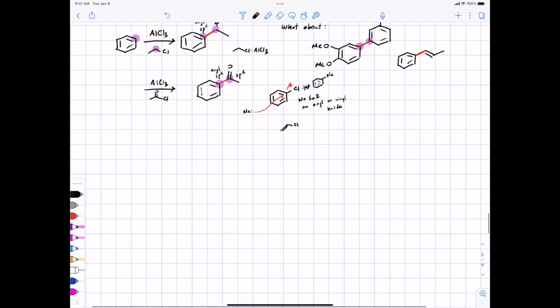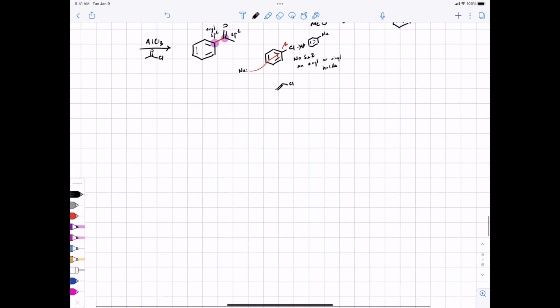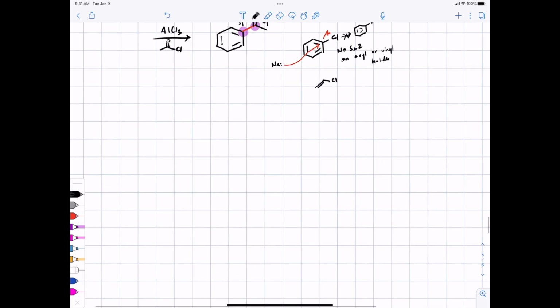So as an example, let me show you a reaction that doesn't work in SN2 fashion, but does work fine for a transition metal complex.